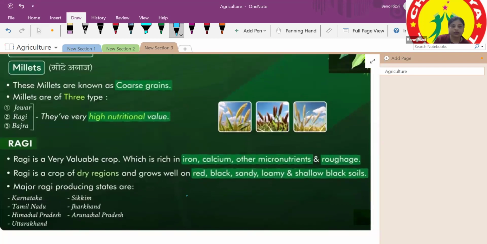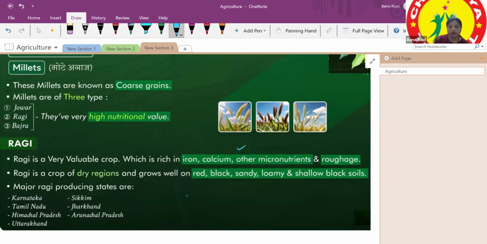Okay, now ragi is a very valuable crop. It is very rich in iron, calcium. Mostly people, when they are going on a diet, or they are looking for a healthy diet, they go for ragi. Okay, it is very rich in iron, calcium, micronutrients and roughage.